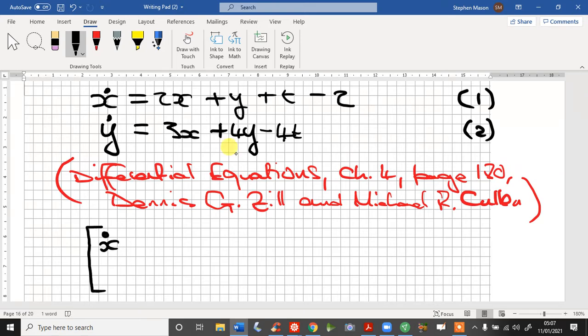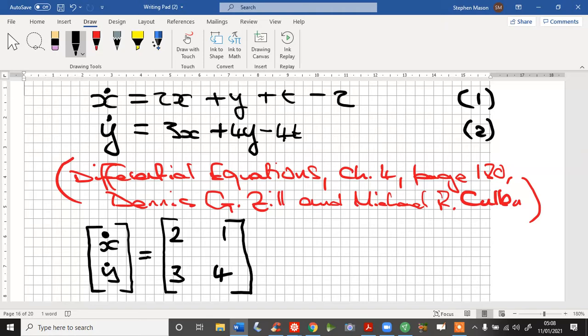So we've got x dot and y dot, and that is equal to the matrix. Well, the first entry is 2, the next entry is 1, the entry down here is 3, that's in the next coupled equation, and in the next coupled equation, the second entry there is 4.